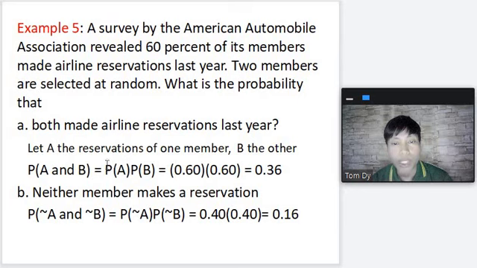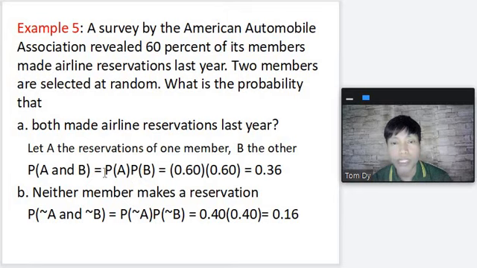So probability of A and then probability of B is equivalent to 0.60 times 0.60, because from our problem, a survey by the American Automobile Association revealed 60% of its members made airline reservations. So that is 60%, that is 0.60.